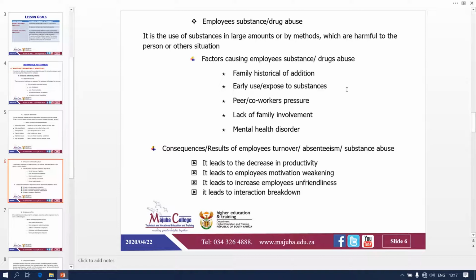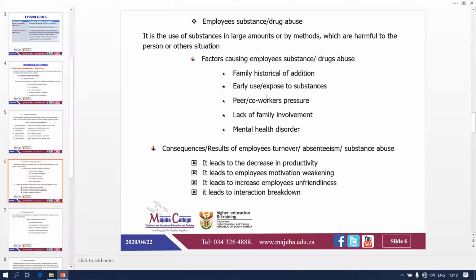Early use or exposure to substances: smoking, drinking, exposed at an early age, and now you are doing it in the workplace. Peer or co-worker pressure, lack of family involvement, mental health disorder. These are the factors causing substance or drug abuse.